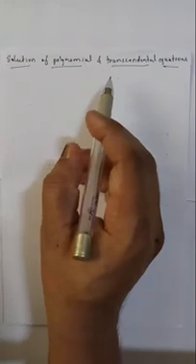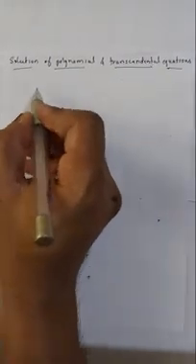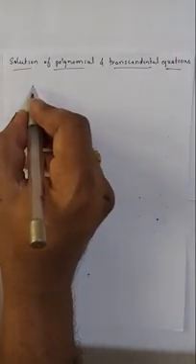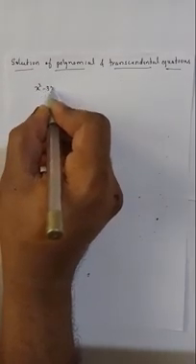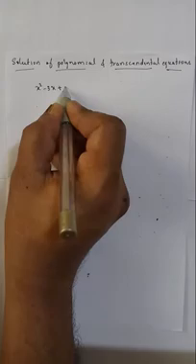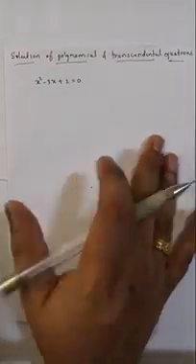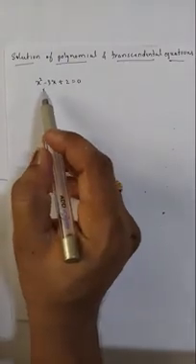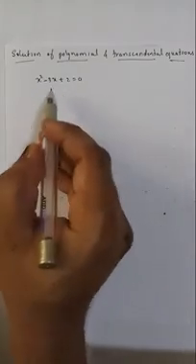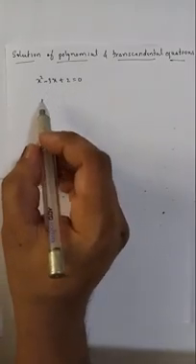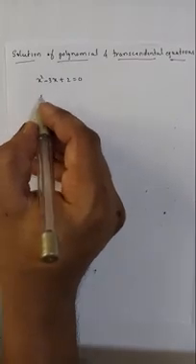Okay. So here I take one polynomial example x square minus 3x plus 2 equal to 0. This is the polynomial of degree 2. The solution of this polynomial we can find very easily by factorization.